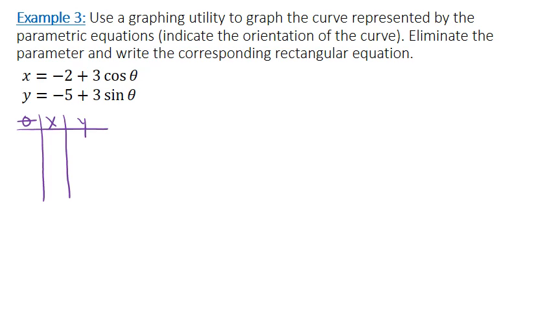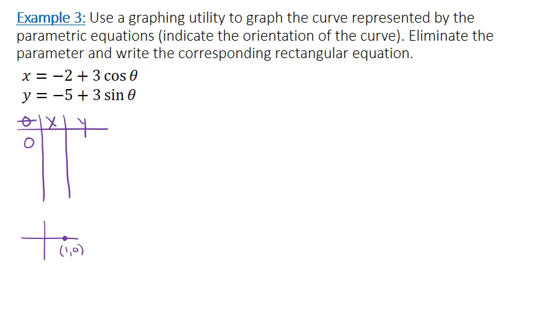So I'm going to start with 0 for theta. If I plug 0 in for theta, cosine of 0, so this ordered pair here is 1, 0. If I'm thinking of the unit circle, remember cosine are the x values, sine are the y.